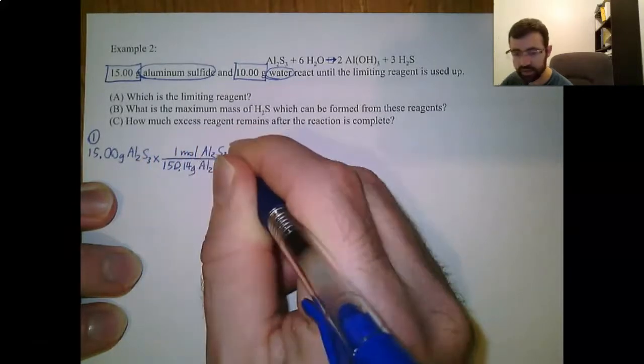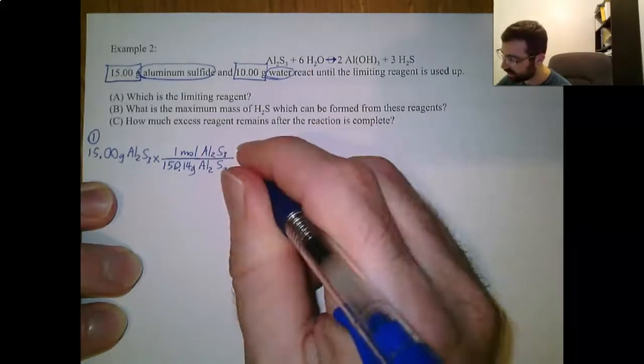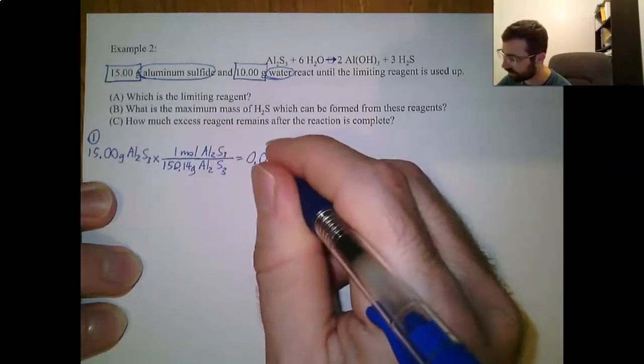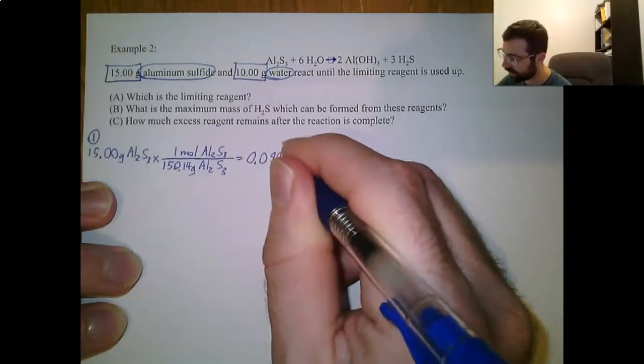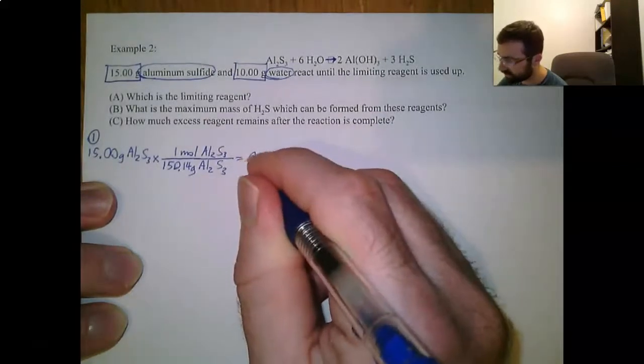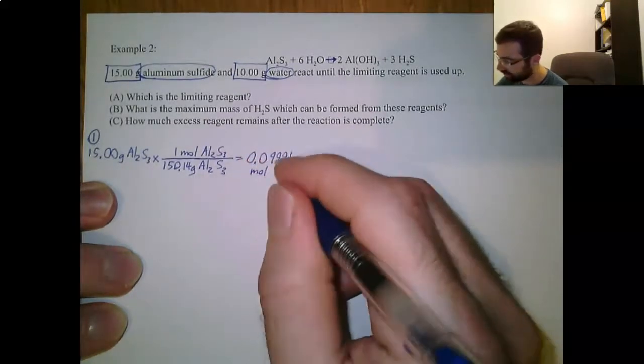If you were to crunch the numbers on that, you're going to get 0.09991, and that is moles of Al2S3.